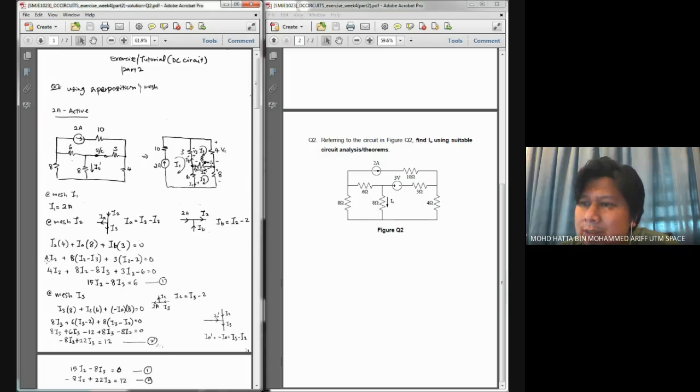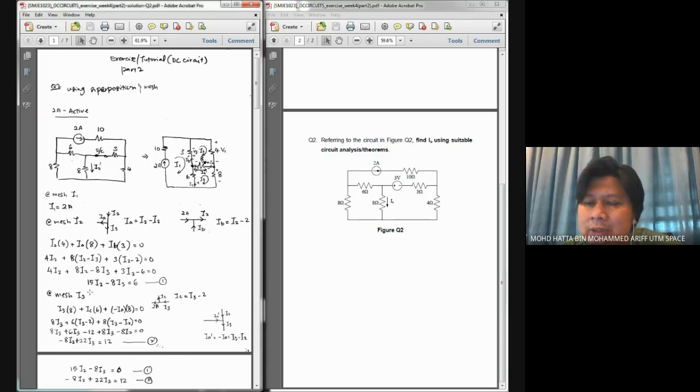So the next line of my solution is just putting the equations back. IA is I2 minus I3, IB is I2 minus 2. Later on, when you solve it, you will end up with this first equation, where I have two unknown variables, which are I2 and I3.